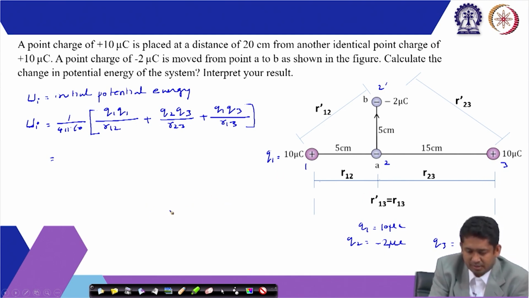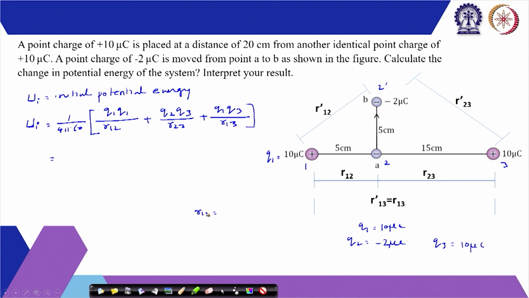So, R12 is 0.05 meter, R23 is 0.15 meter, and R13 is 0.2 meter.